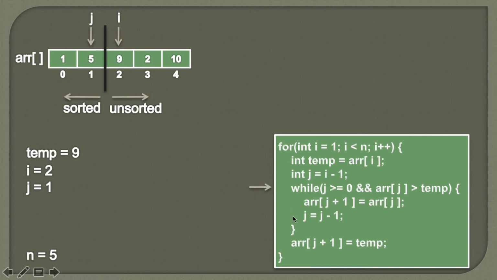So here this while loop exits, and at the end we simply store the value 9 in the array at j plus 1th index. So value of j is 1. When we do plus 1, we get 2. So we simply store the value 9 at index 2.